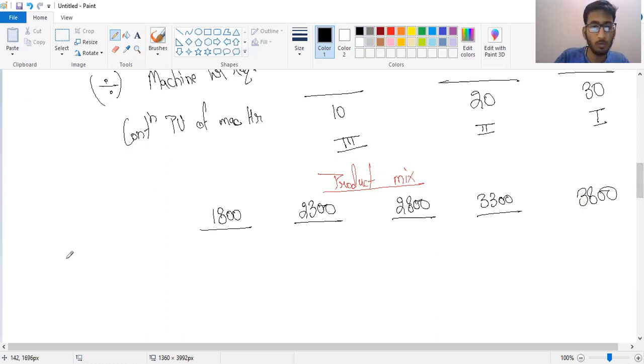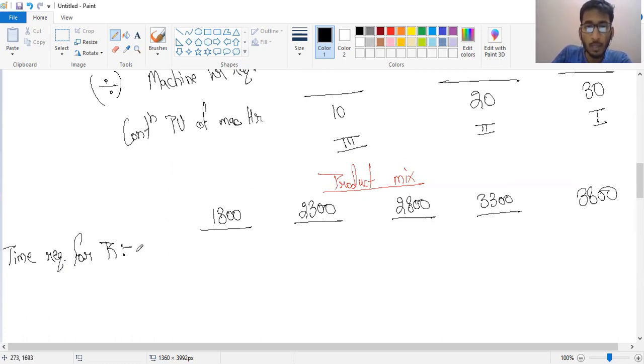So 500 is the difference. For 1800, I know that first I need to make product R, then product Q, then product P. So I can say time required for making product R, because we are going to make R first.